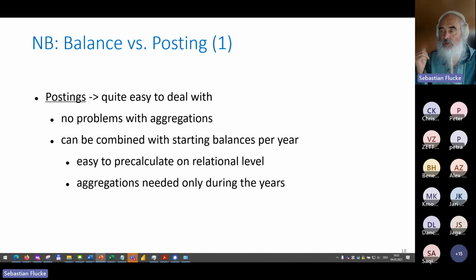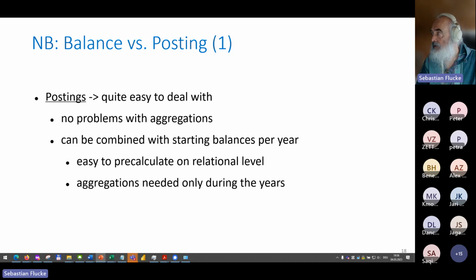To find out, okay, what is the start balance of whatever account, whatever business object, and give that as a start value, and then postings over the year. And if the next year starts, you let it start again with a next year starting balance, as well as with all the postings coming in over the year.